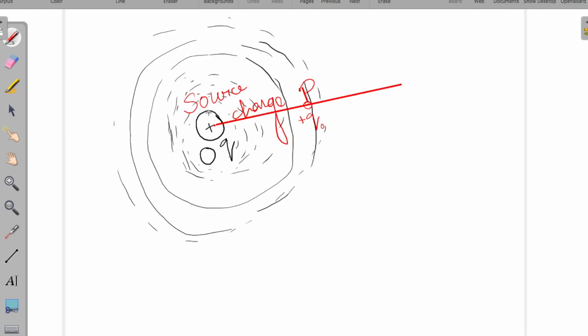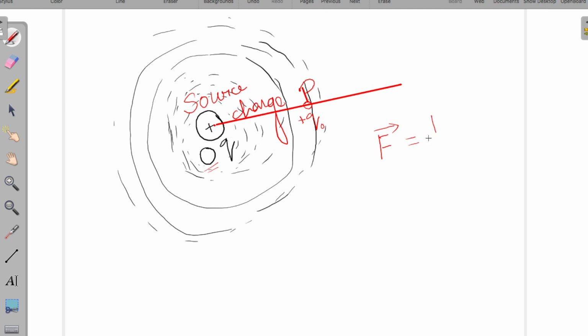So if a source charge Q is placed at the origin O, and we bring a test charge Q naught at point P, then from Coulomb's law a force F will be exerted on this test charge.